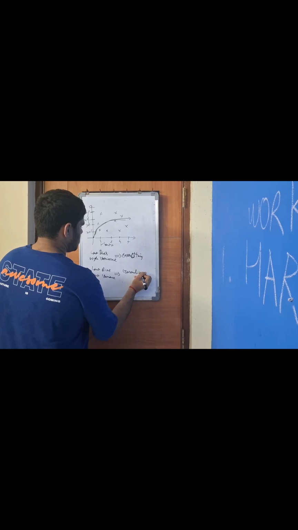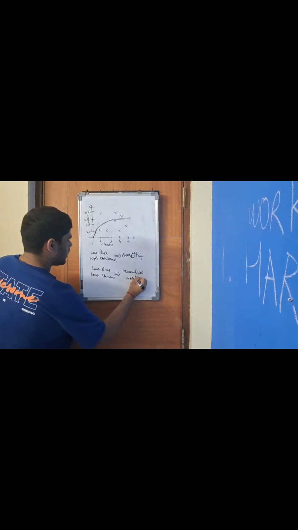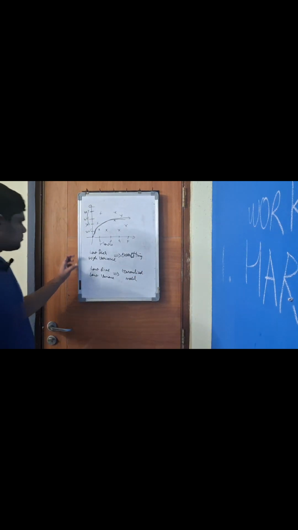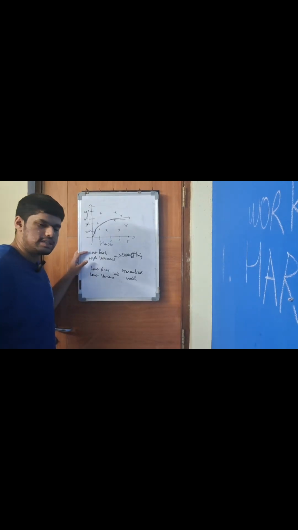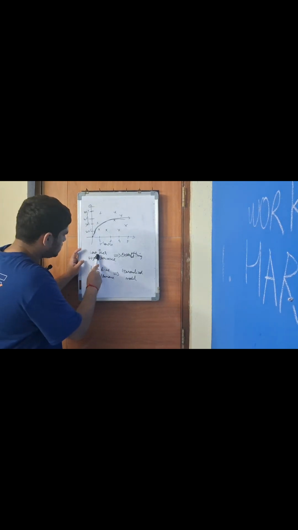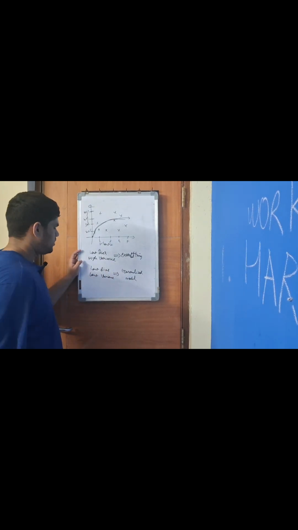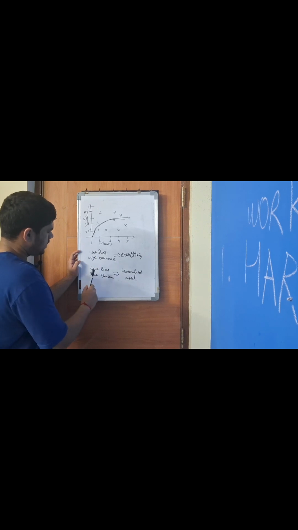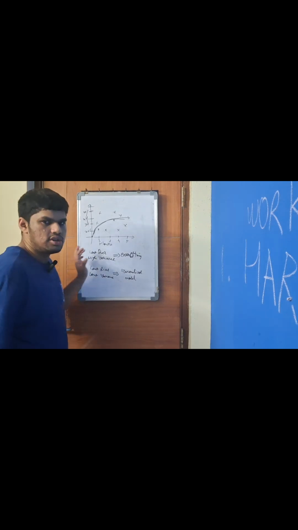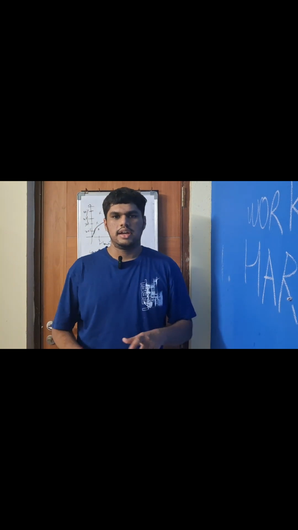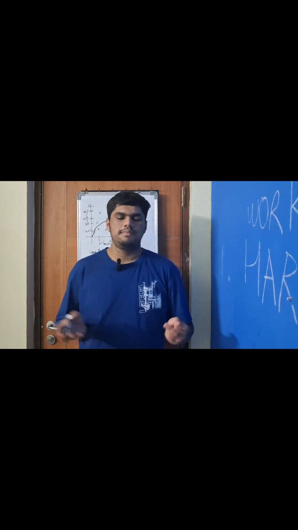This is the right term. So why exactly does this happen? Why, whenever there's low bias and high variance, is it overfitting? And whenever low bias and low variance, why is it generalized? Today we'll be talking about that, and that's the whole main point of the video.